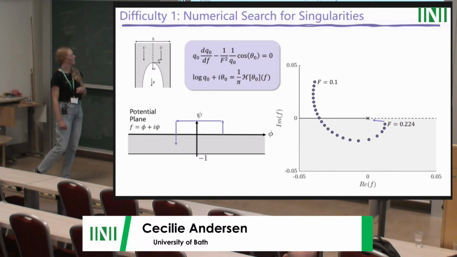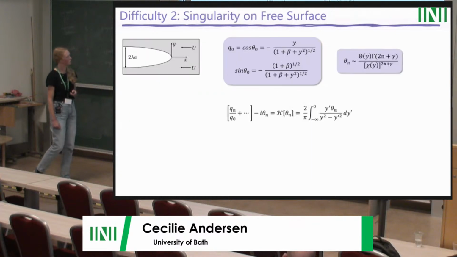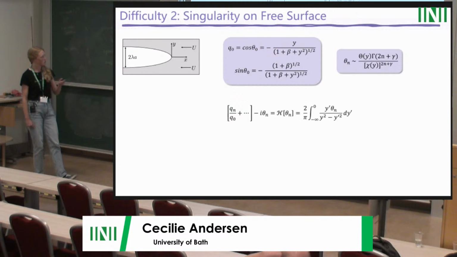Nice. So let me move on to the second difficulty, which was to do with the Hilbert transform. And I think it's useful here just to go back to the Saffman-Taylor for a moment. In the Saffman-Taylor, we had a nice analytical form for the leading order problem. And what I'd like to highlight is that here, because of this y on the top, we've got a stagnation point at the origin.